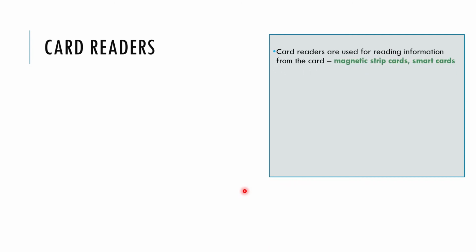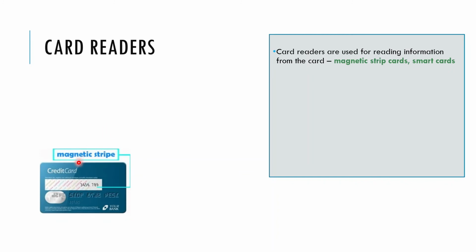Now, let us discuss about the card readers. Card readers are used for reading the information from the card, and they are of two types, magnetic strip cards and smart cards. This is the example of the magnetic strip card. Magnetic card reader is a device that retrieves the information when it is swiped through it.